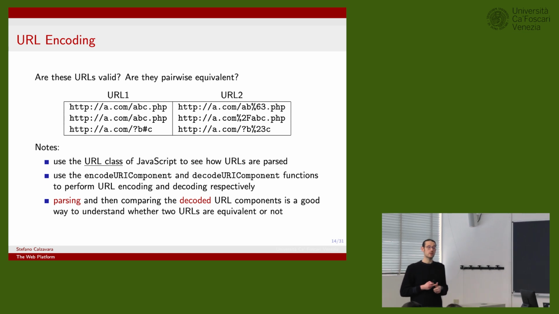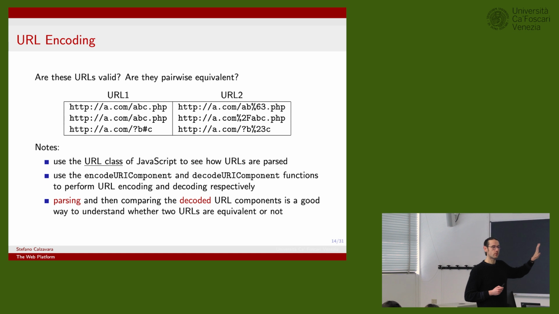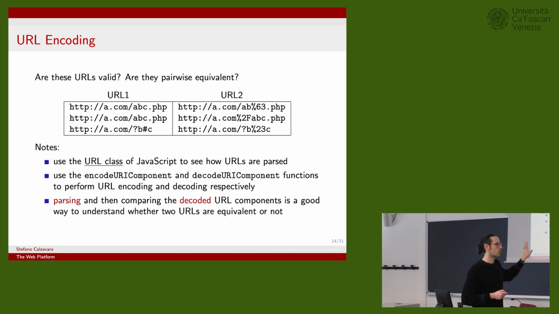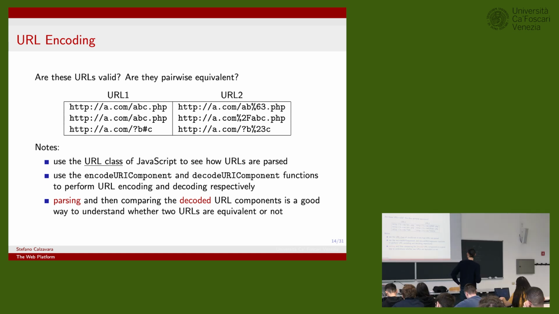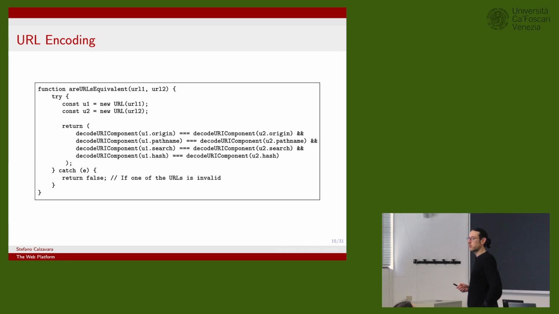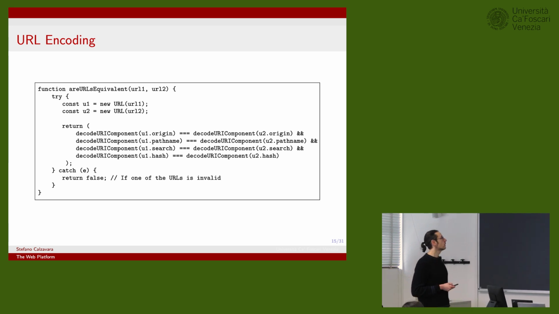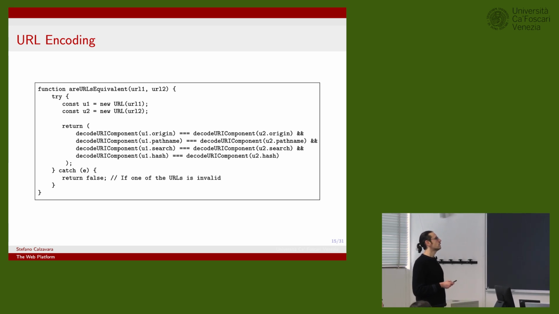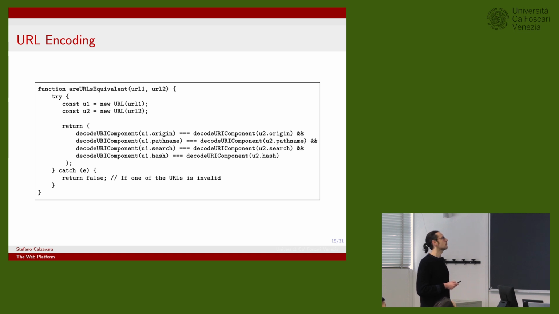You first parse the URL. So you basically build the URL object that we described in the JavaScript console. And after parsing, you compare the decoded URL components. In terms of code, that's a simple way to compare two URLs in JavaScript and determine whether they're equivalent or not. As you can see, this function takes as input two URLs, url1 and url2.